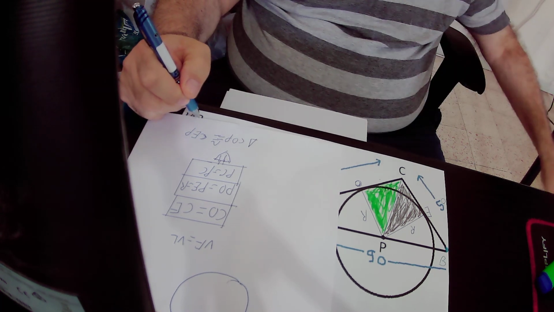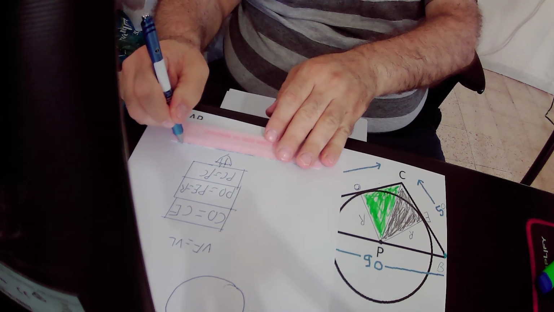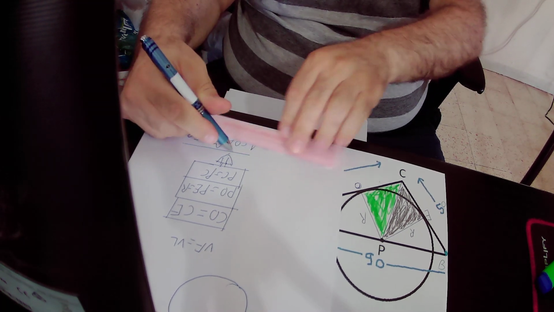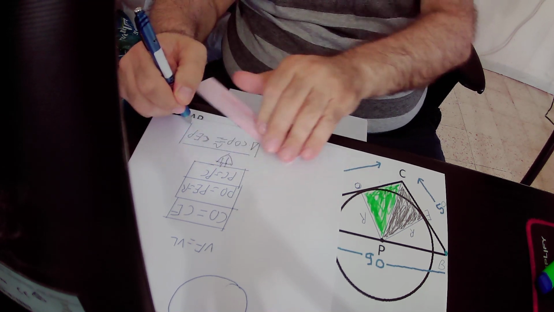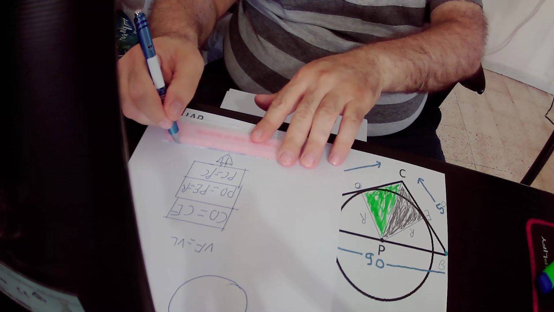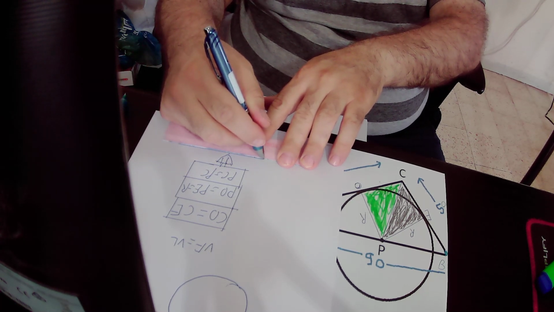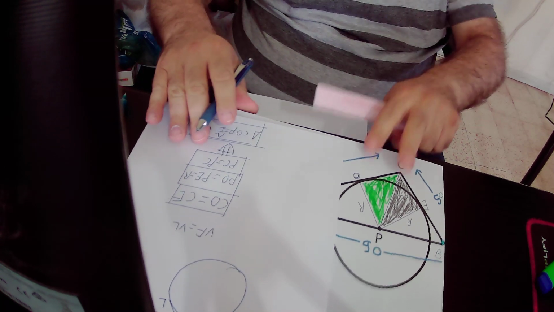Okay, so those two triangles overlap each other, because three sides of the green triangle are equal to three sides of the black triangle.